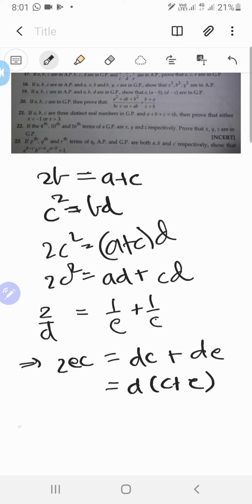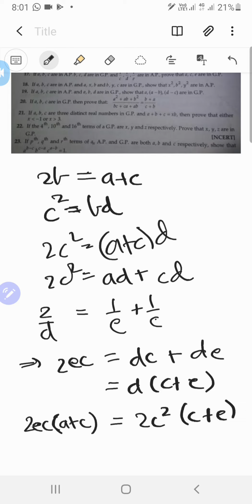Let's just multiply this by A plus C. So that will give me 2EC into A plus C, that will be equal to D into A plus C, which is 2C squared, into C plus E. Okay, fine. So this will get cancelled.